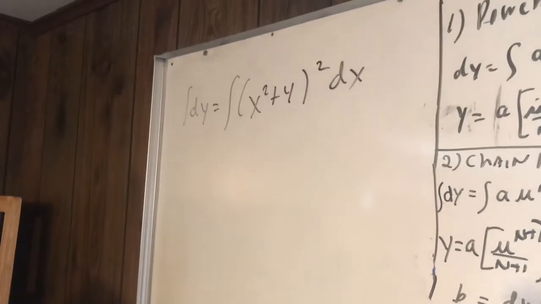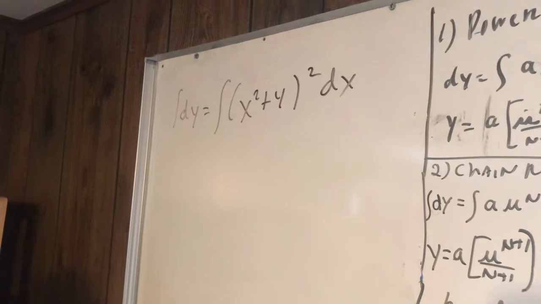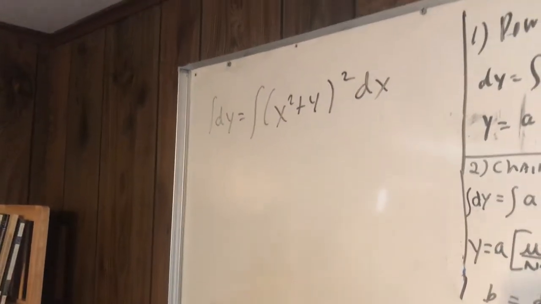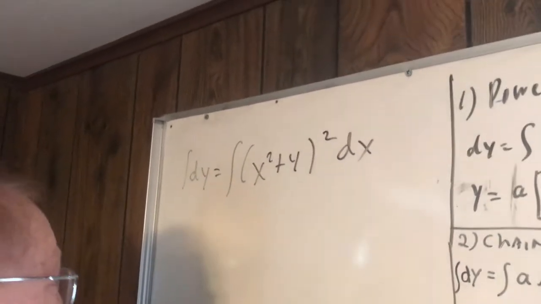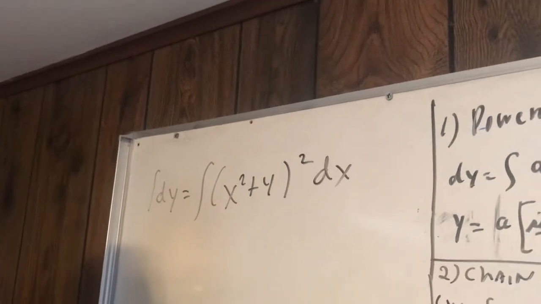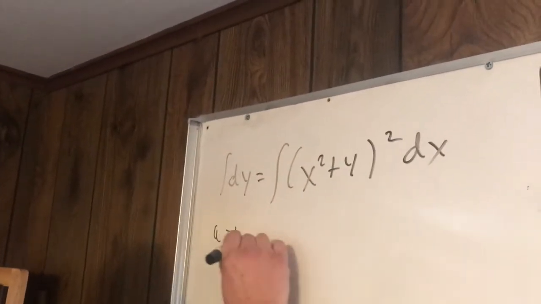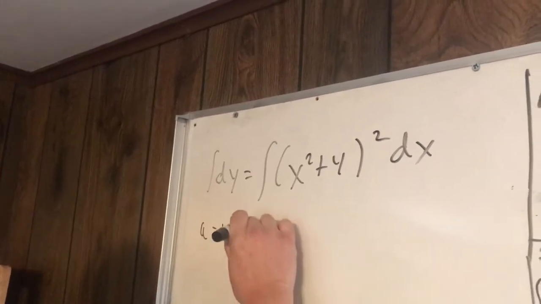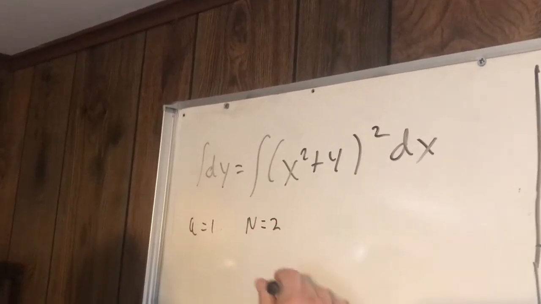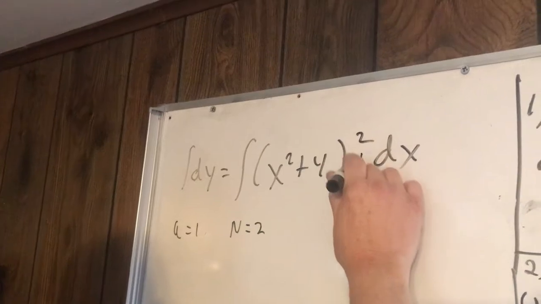Okay, so let's see what happens here when we try to apply our chain rule. Well, we're going to let A is 1. Oh, no commas. A is 2. Now f of x is 1.